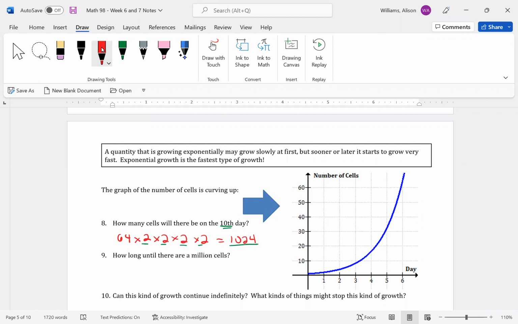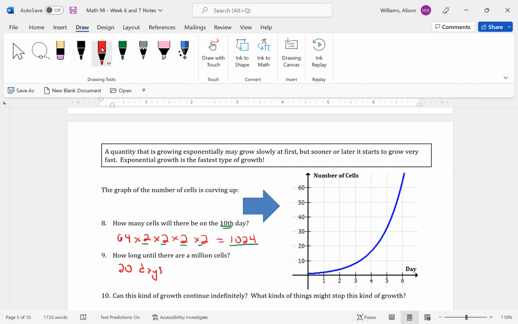So basically you'd have to multiply by 2 for 10 more days, right? Okay, I'm not going to write all the 2s that would take. But really that means that's 20 days total, because 1024 was 10 days. And in order to get to 1,000,000, it had to go for 20 days.